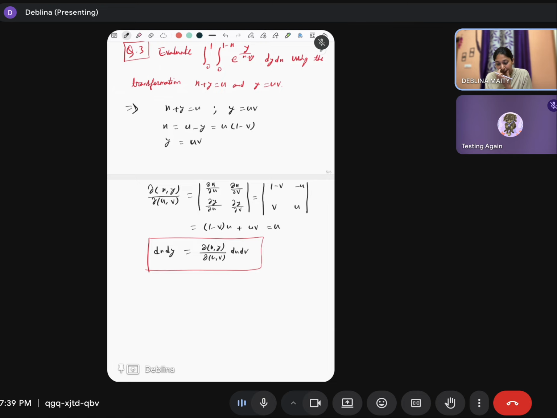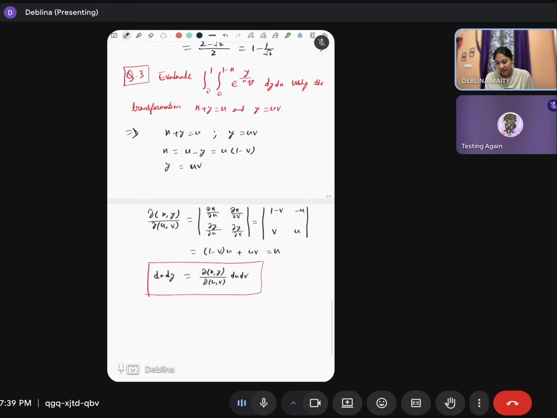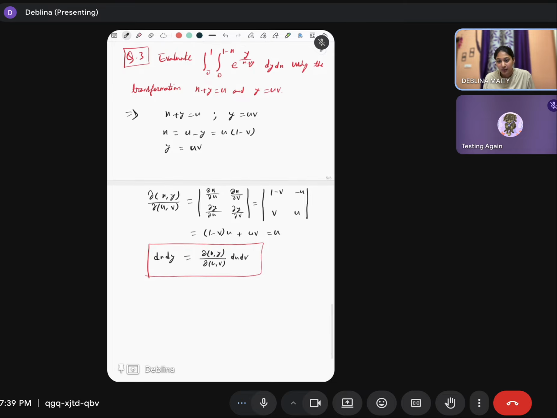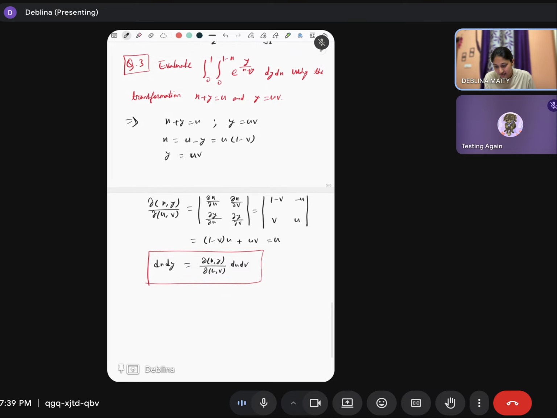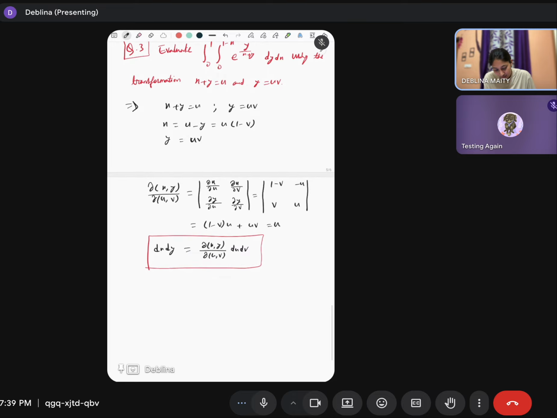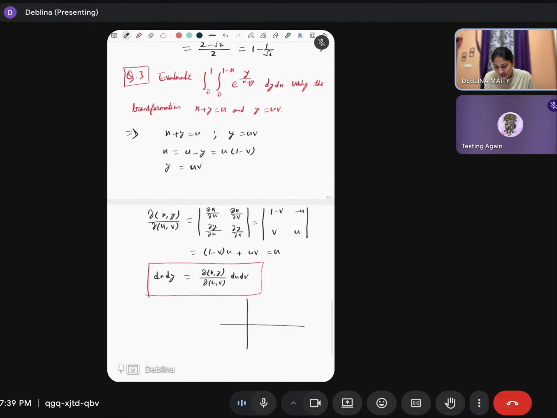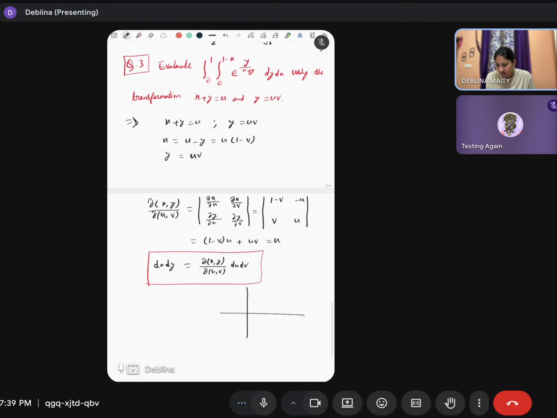Now we have to find the limits. So x and y change from 0 to 1. So we have to find how u and v are changing. So first we have to find the region of xy. So x changes from 0 to 1, and y is changing from 0 to 1 minus x.